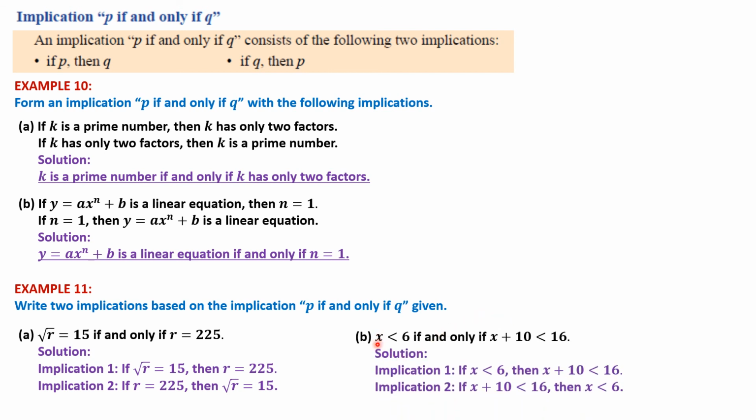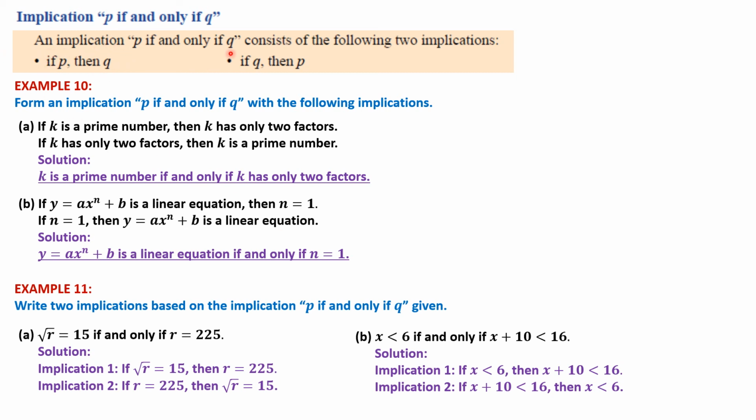Now we look at another example, also the same. They give you the implication in the format P if and only if Q. So x less than 6 is P, if and only if x plus 10 less than 16. This one, x plus 10 less than 16, is Q. So how do you write implication 1?